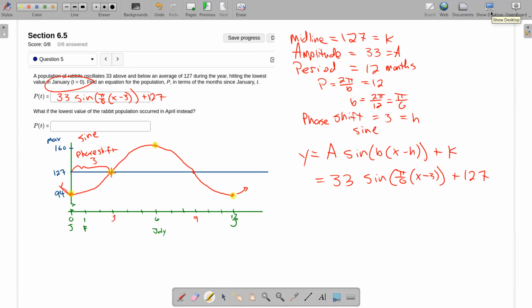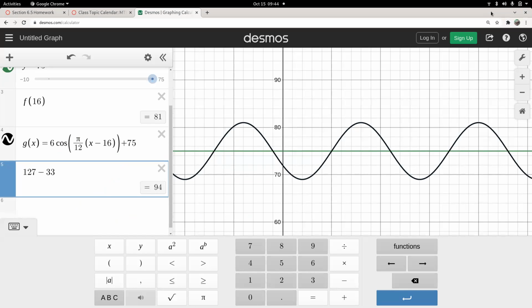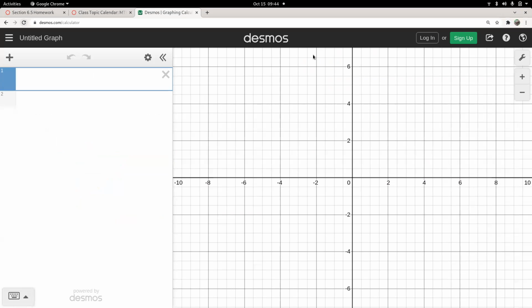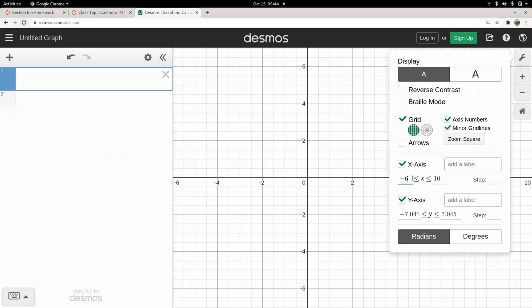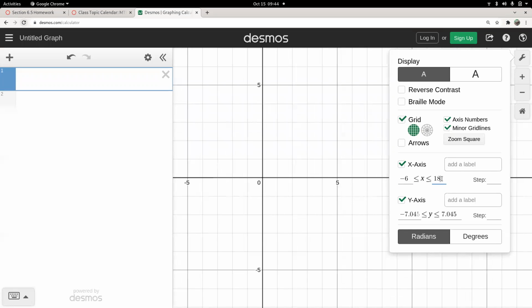All right, let's hope. I'm going to just reload this page to clear it out. So we need to pick a new window. Let's pick the window first. For the window, I'm going to go from, let's say, -6, and then let's show more than one period. A period is 12, so maybe we'll go out to 18.